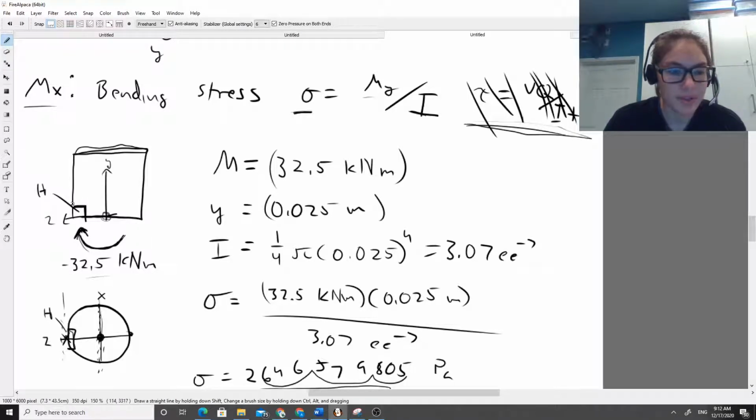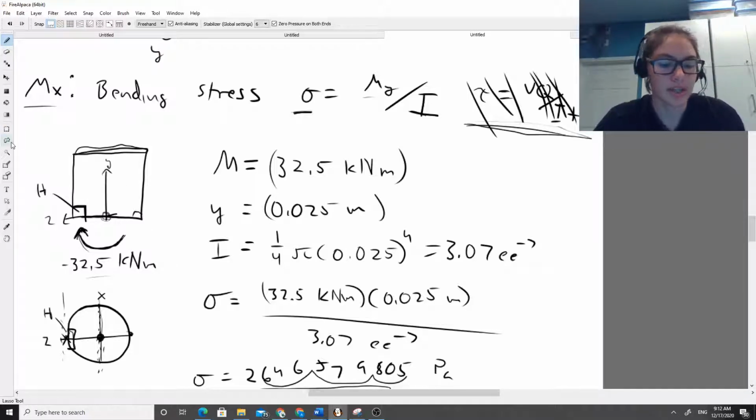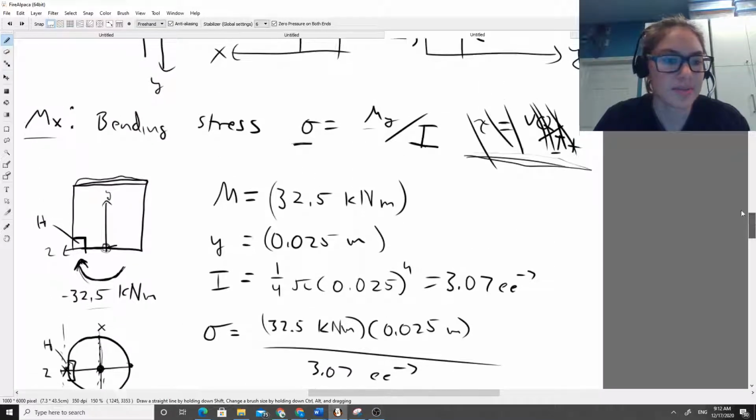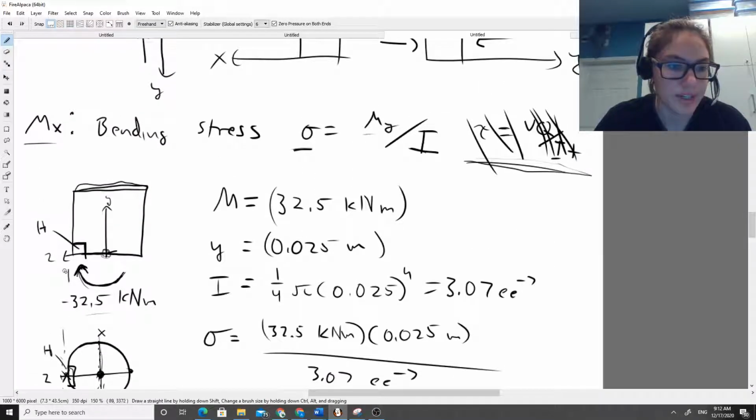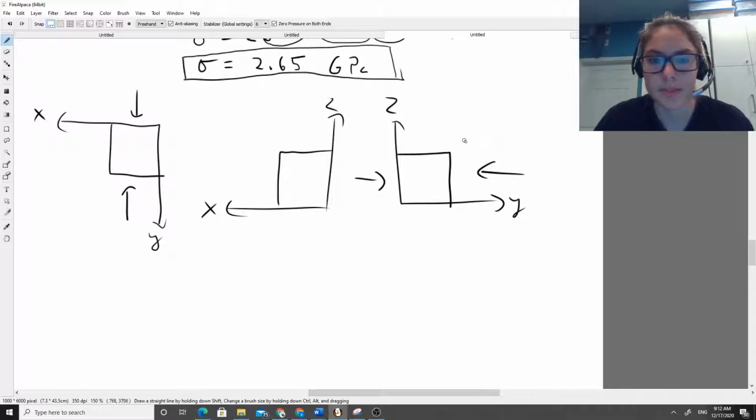Again, if our point of interest were here, then this would be in tension. So let's say that this is in compression, specifically in the y direction. So at all points in the y direction, we have a compressive force, and that compressive force is going to be negative 2.65 gigapascals.